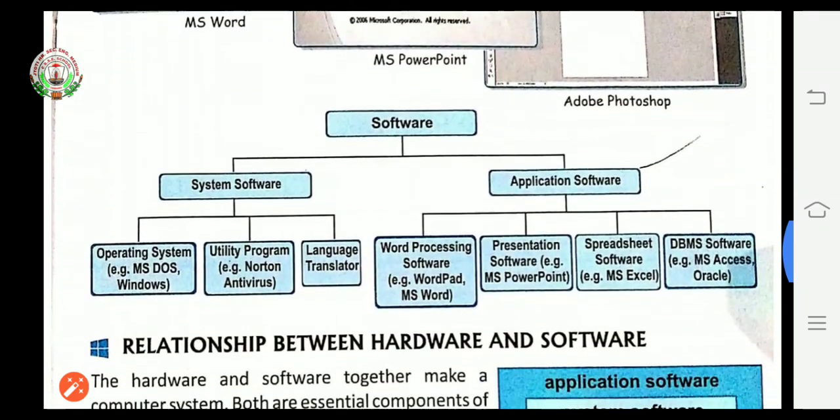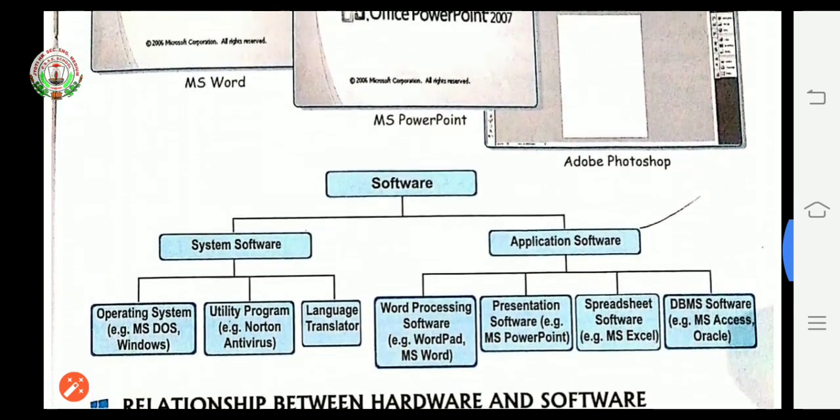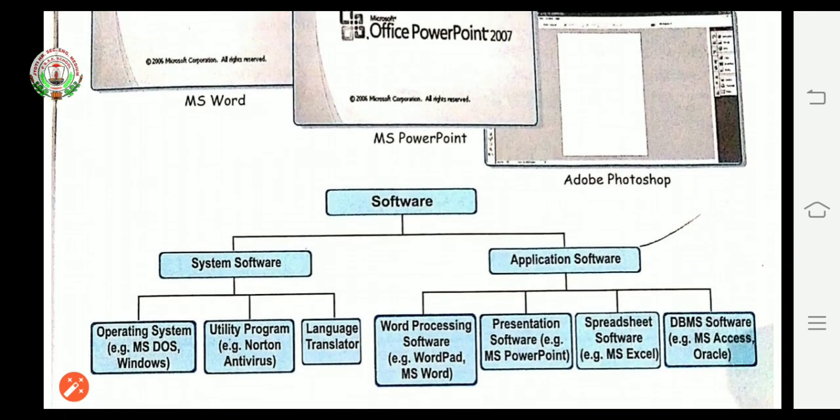Let's understand the different types of software with the help of a diagram. Software is divided into two: system software and application software. First, system software. Under system software we have the operating system, which performs all the basic tasks of the system.